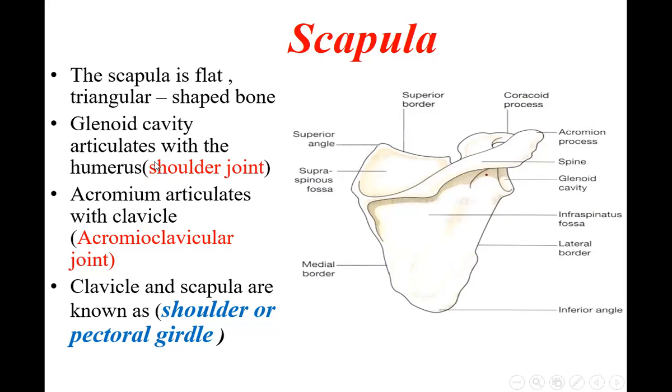Then the acromion articulates with the clavicle, which forms the acromioclavicular joint. So there are two important joints here: the acromioclavicular joint and the shoulder joint. Then the clavicle and the scapula together form the shoulder or pectoral girdle.